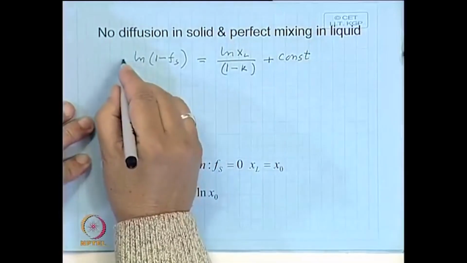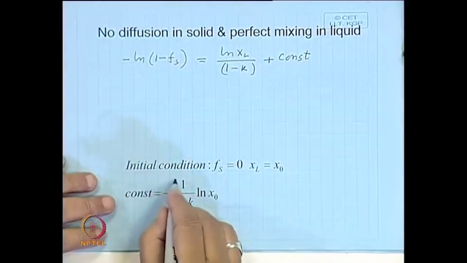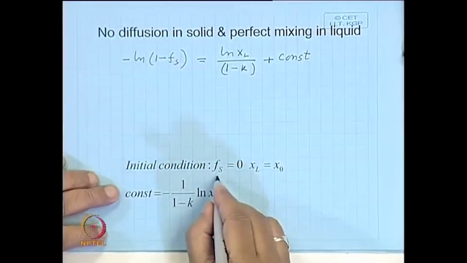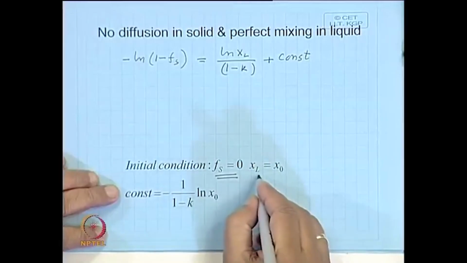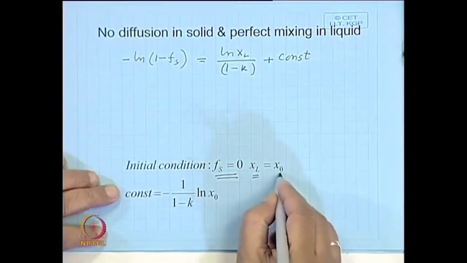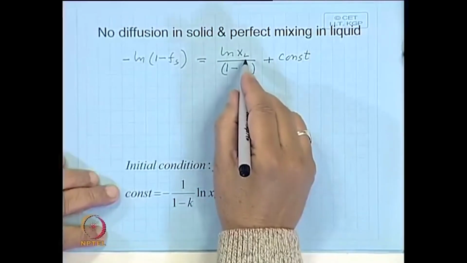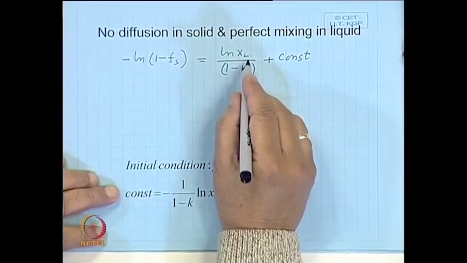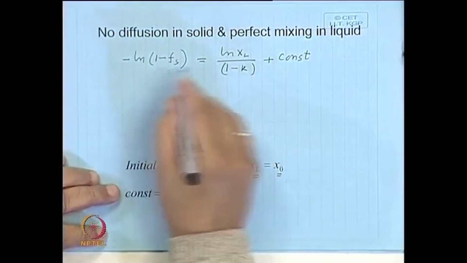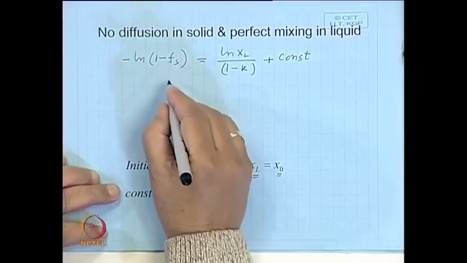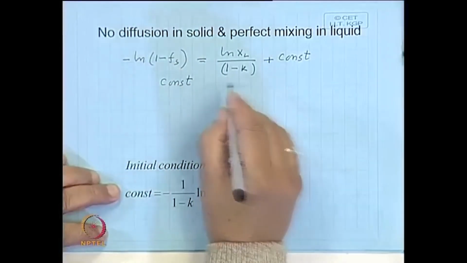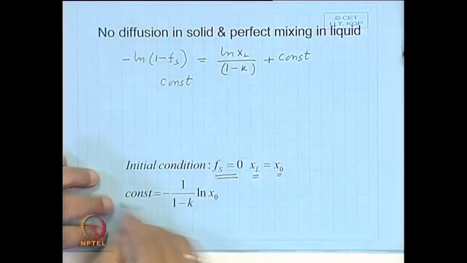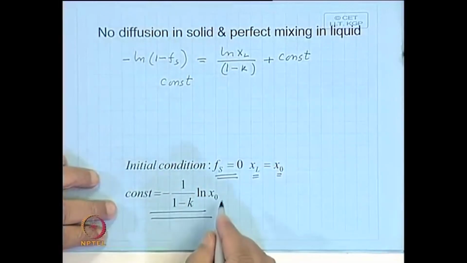Now, to evaluate this constant, you can substitute that initial condition, that when solidification just begins, at that stage x L equal to x 0. So, if you substitute this over here, you get constant, this is 0. So, therefore, your constant is given here, constant comes out to be this.